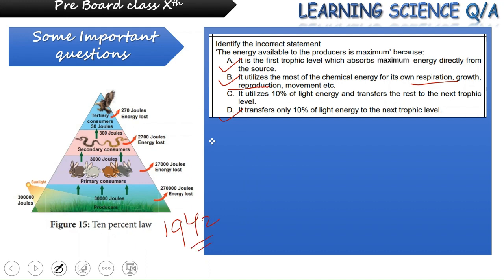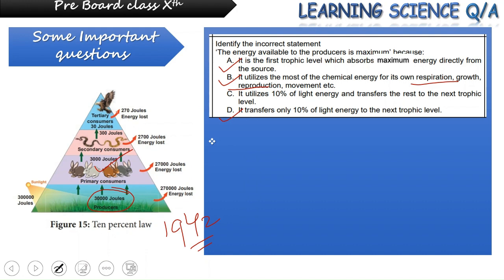that says whatever amount of energy is available at one trophic level, only 10% of that is available to be transferred to the next trophic level. That means we can see from 30,000 joules, only 3,000 has been passed on to the next trophic level.